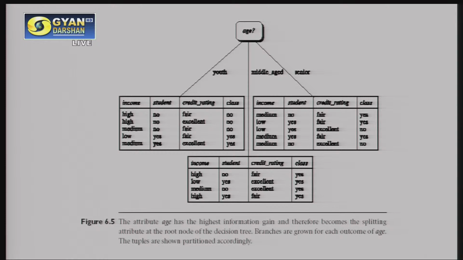Each path from the root node to a leaf node is basically one rule.